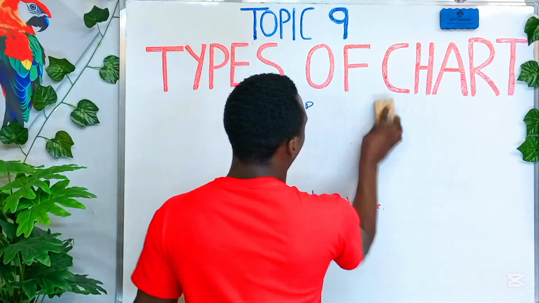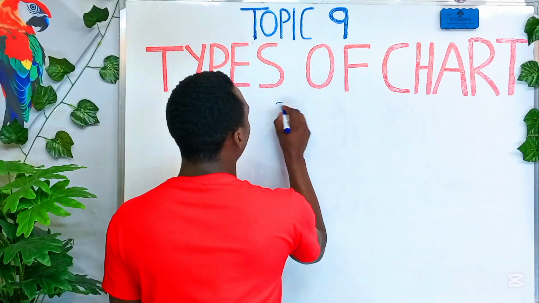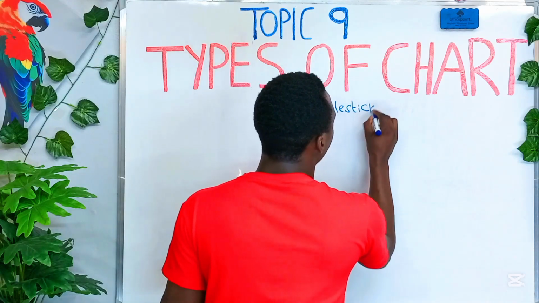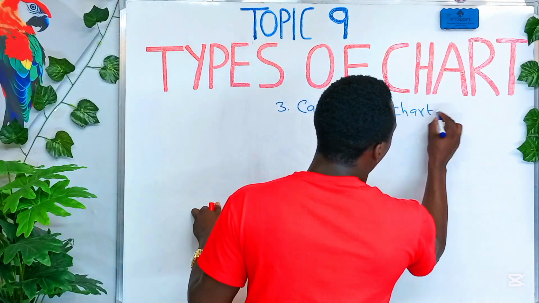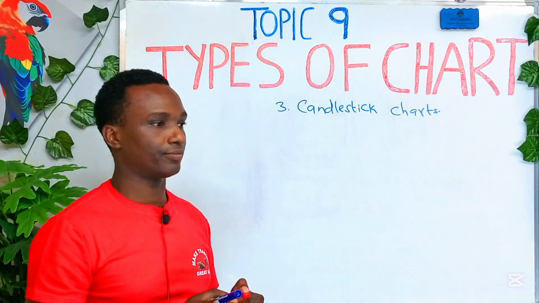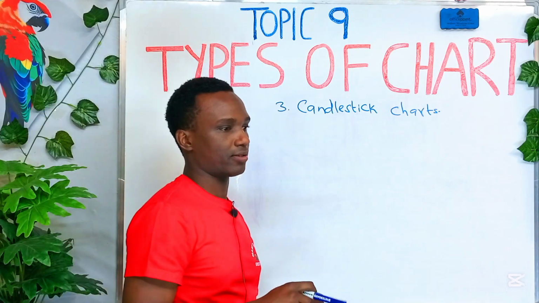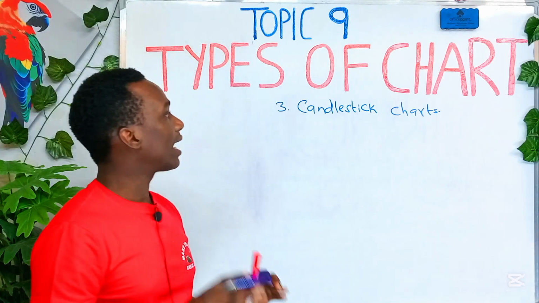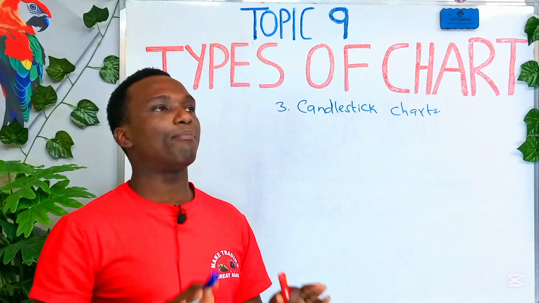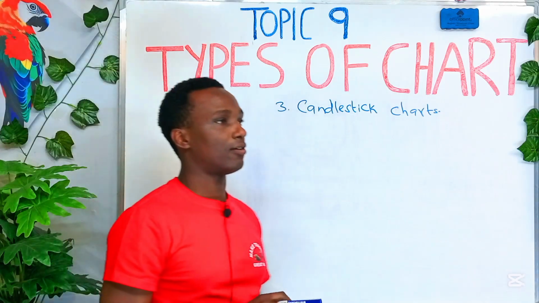So at number 3, we are looking at candlestick charts. This is where we are going to dwell on most of the time. This is the most popular type of charts. So simply, candlestick charts show the same information as a bar chart, but in prettier graphic formats.